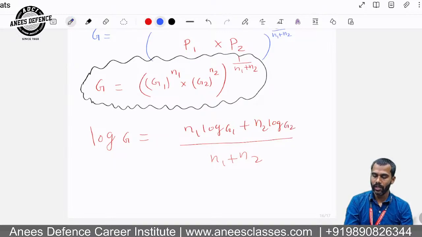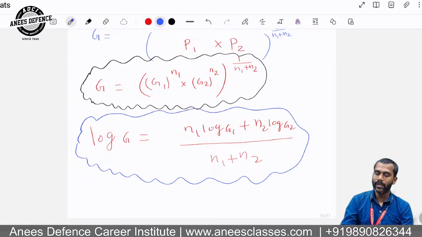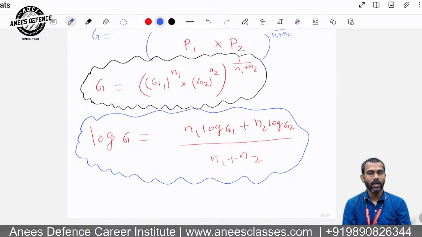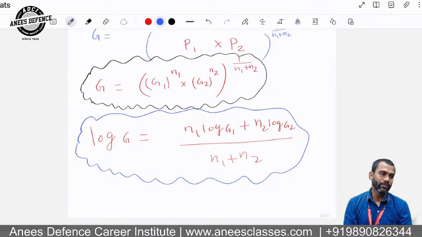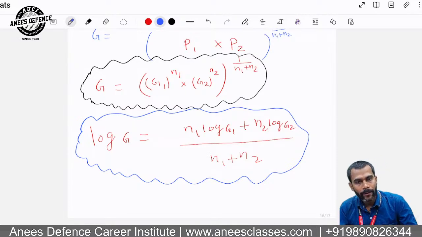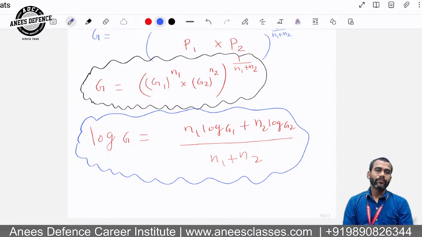This is nothing but one more result, where G is the combined geometric mean. G1 and G2 are the geometric means of the respective groups, first group and second group. N1 and N2 are the number of observations in the first and second group respectively. Is there any doubt? I hope you are getting it. Online students, are you getting it or not?